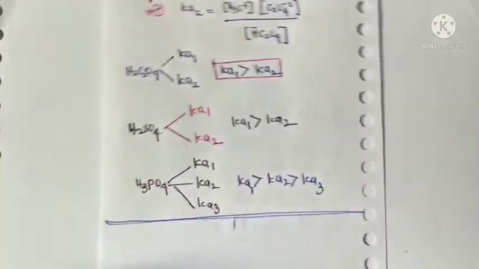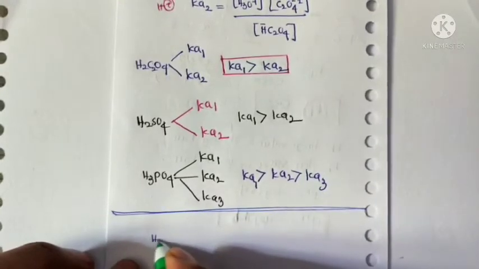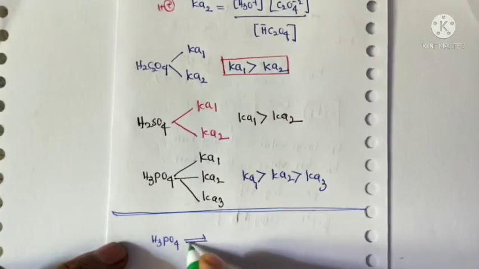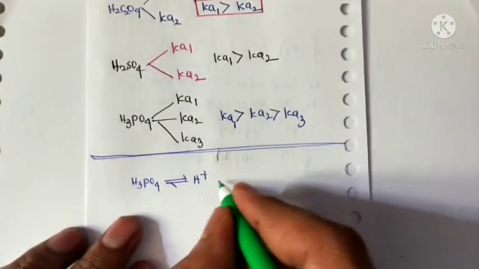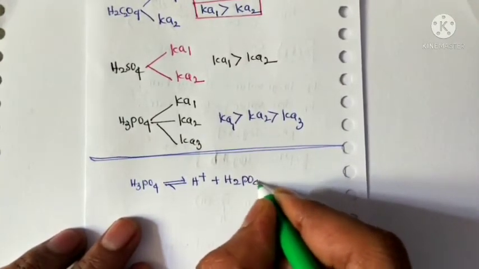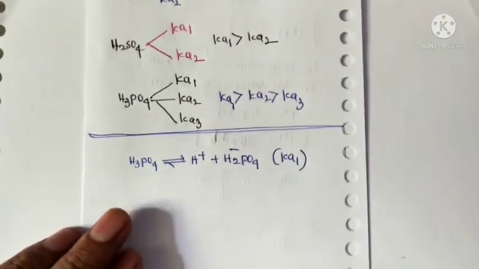If you understand, I will write the phosphoric acid H3PO4. It dissociates to form H3O plus ions or H plus ions, plus H2PO4 minus ion. We can write the Ka1 ionization constant.